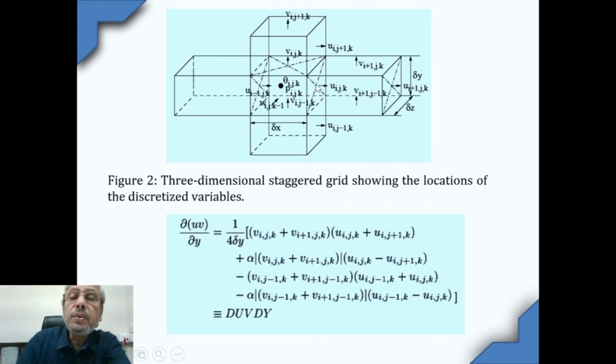Del 2u del x2 will be ui plus 1 jk minus twice uijk plus ui minus 1 jk divided by delta x square.